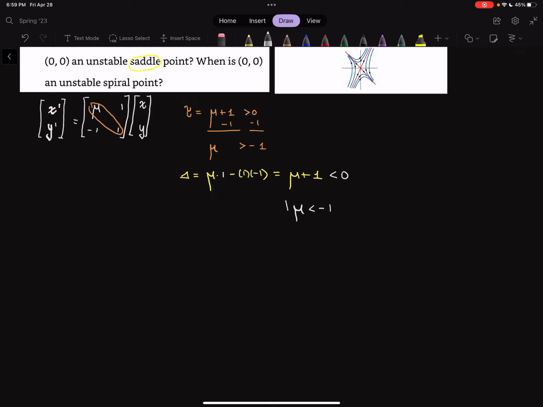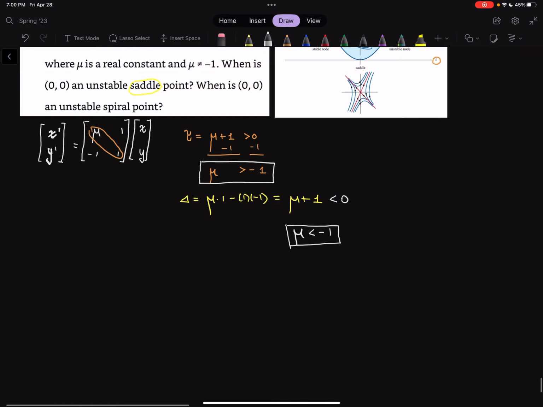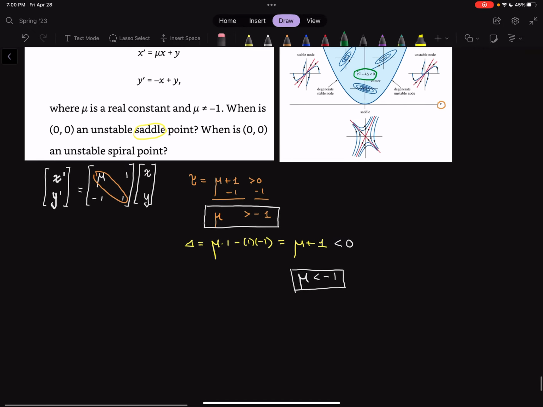So if mu is less than negative 1, we're going to get a saddle. Now, that contradicts with this one, which says if mu is greater than 1, then we're probably going to be in this realm right here.